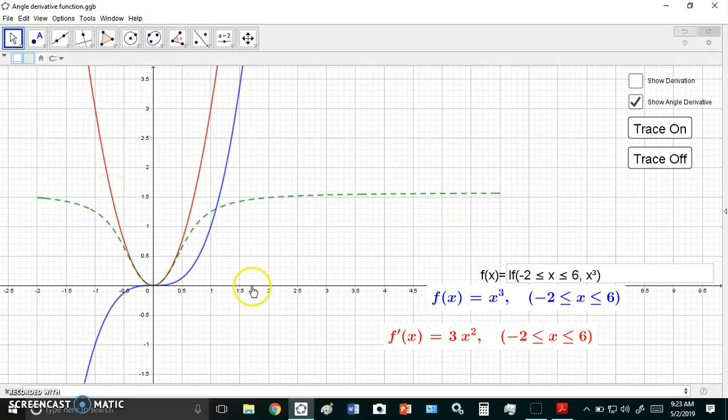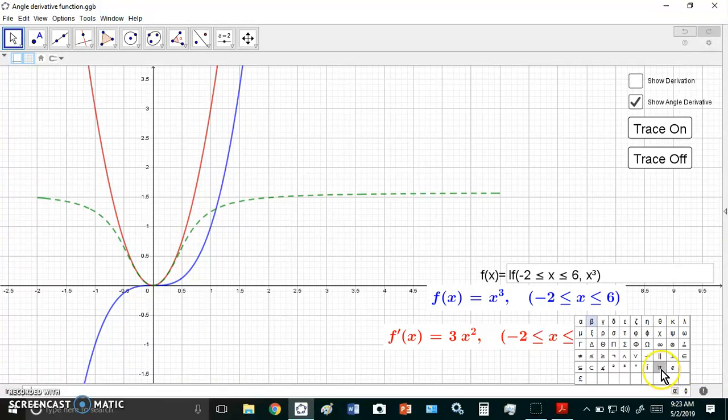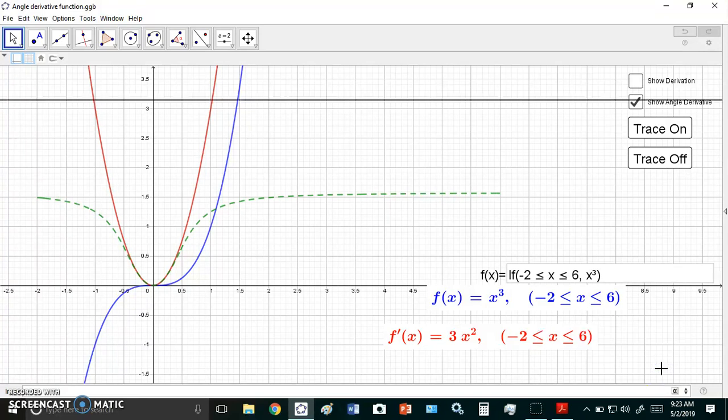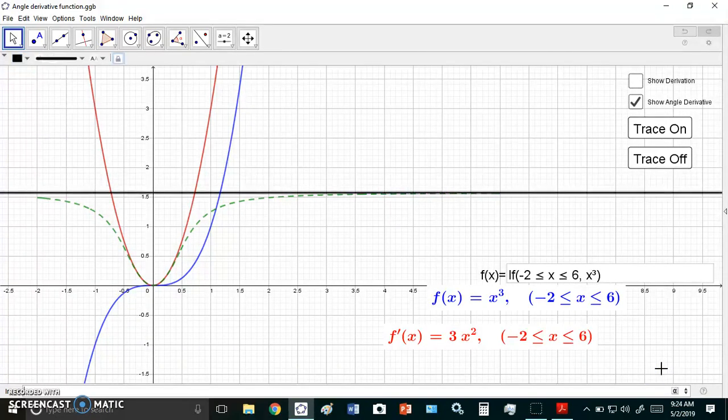But as you can see here, the minimum that this derivative can have is a 0 angle, or 90 degrees, because this line here is asymptotic to pi over 2. So if I say y is equal to pi divided by 2, see that?